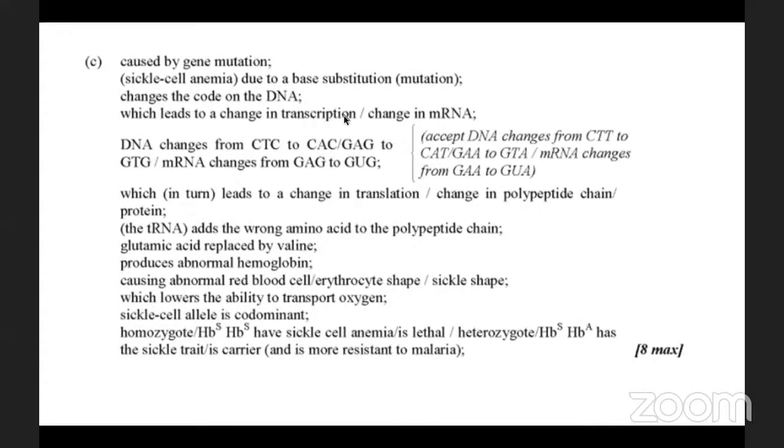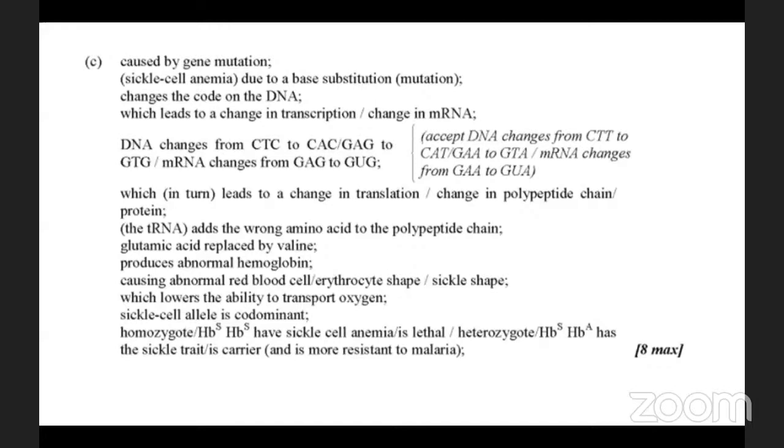So usually we will remember the change in the protein that is produced. It occurs on the 6th amino acid, where the amino acid glutamine is replaced with valine.